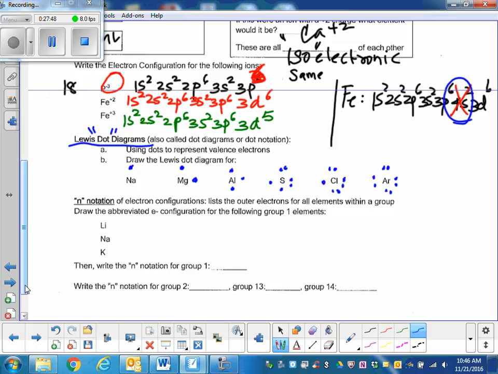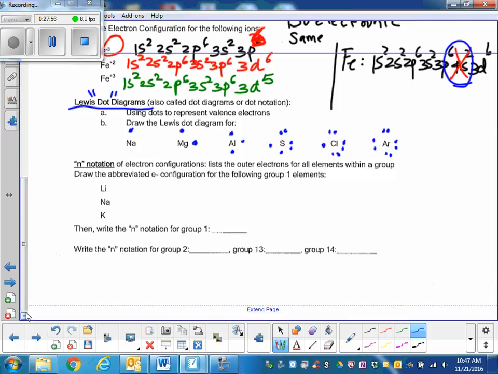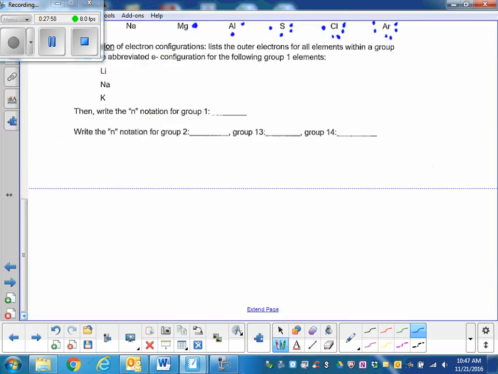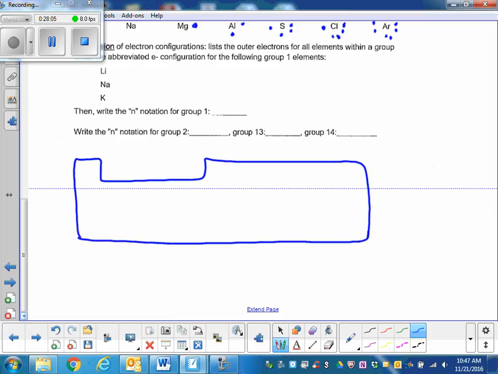All right. The last one. All right. N notation. Now, N notation is easy. If I draw a periodic table, I know all my elements in group 1 have a last electron configuration of ns1: 1s1, 2s1, 3s1, 4s1.